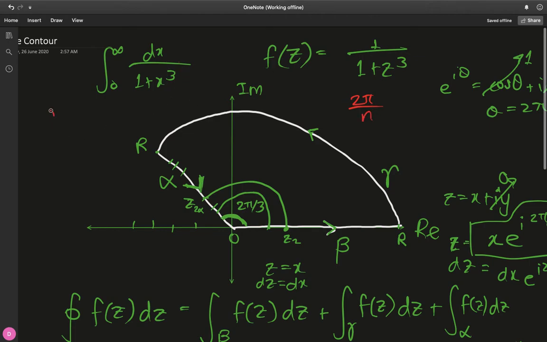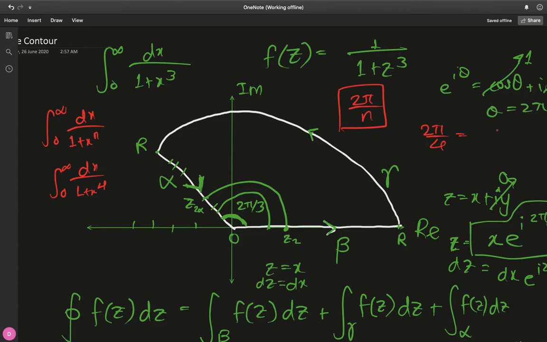So if we had something like the integral from 0 to infinity of dx over 1 plus x to the n, then the angle you would subtend on your contour is 2 pi over n. If you had something like dx over 1 plus x to the fourth, the angle you would subtend is 2 pi over 4, which is pi over 2. So you'd subtend an angle of 90 degrees.